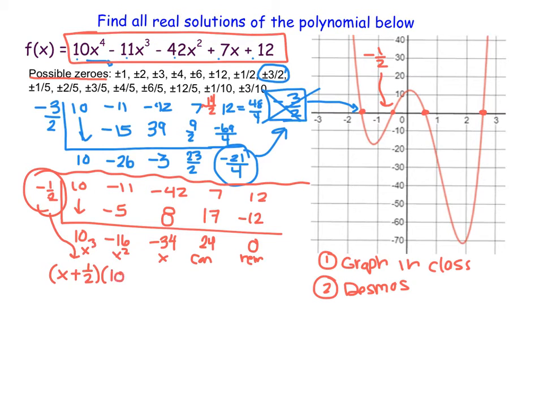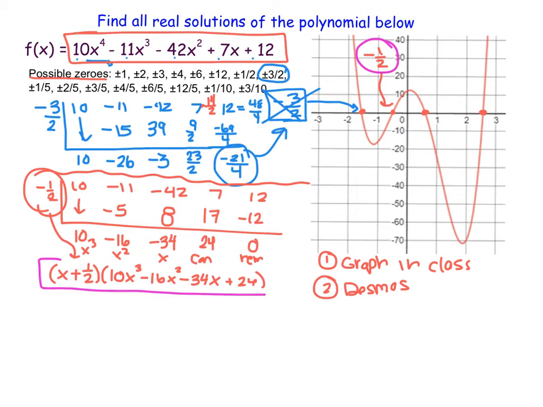So I have 10x cubed minus 16x squared minus 34x plus 24. So I've now found one of my 4 factors. Better than nothing, but not quite done. So now I'm going to have to test out another one.